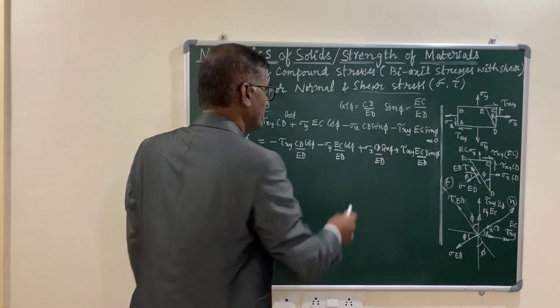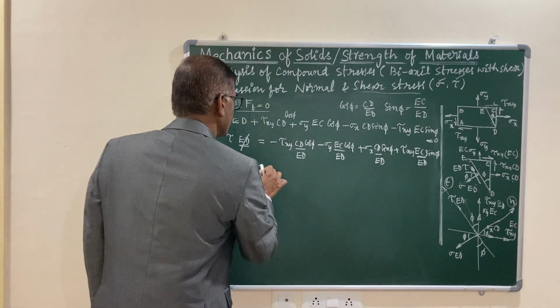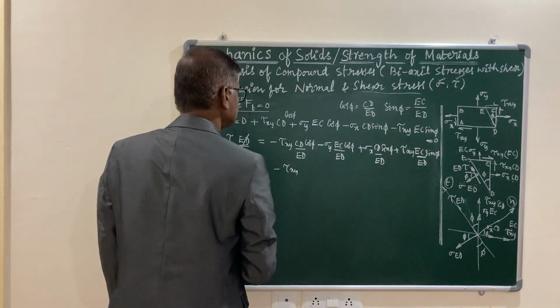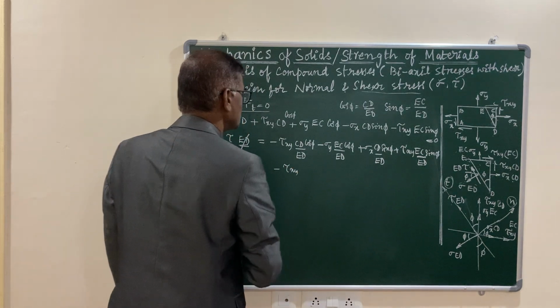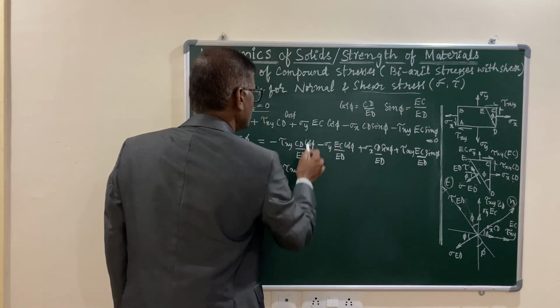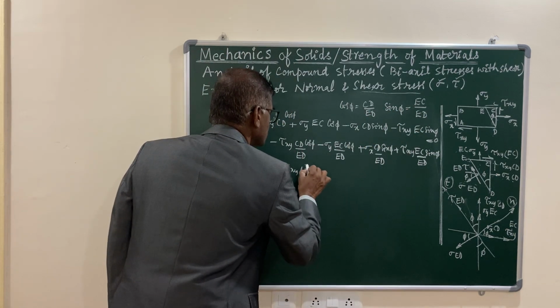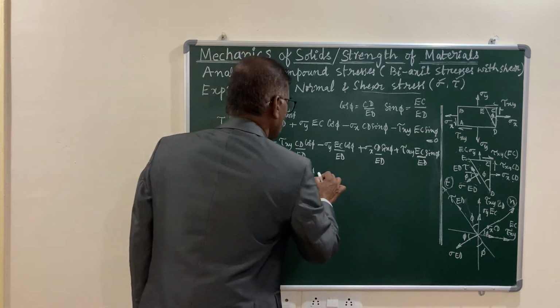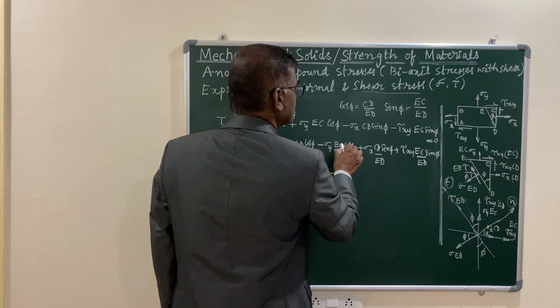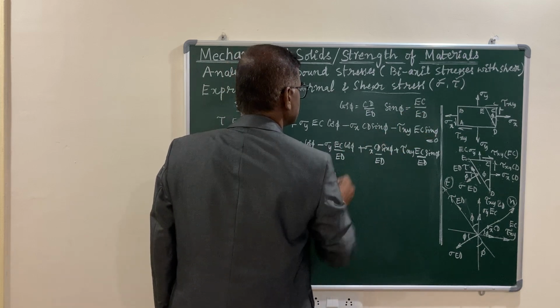So let us substitute sin phi and cos phi values into this and further simplify. You have tau is equal to minus tau xy into CD by ED. CD by ED is cos phi. Already you have one cos phi. This becomes cos square phi. Again, it's minus sigma y into EC by ED, that is sin phi.